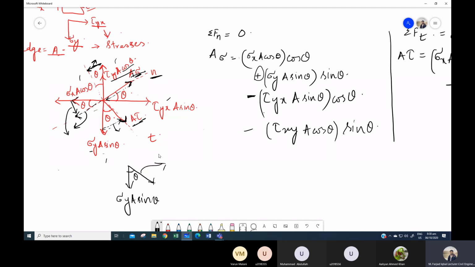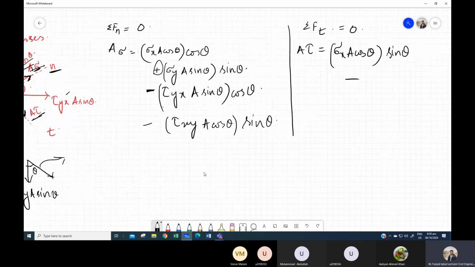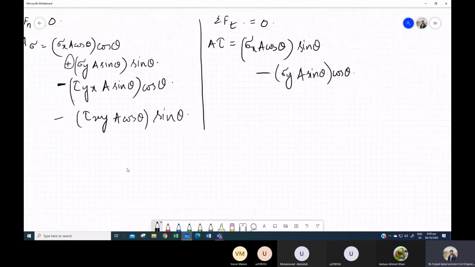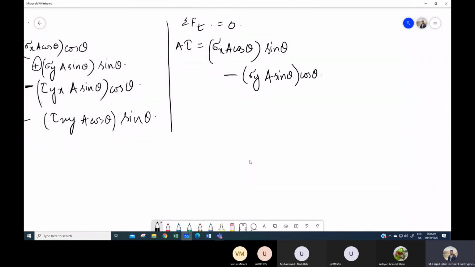So again, this component will be the cos component of this force. So I will have sigma y a sine of theta into cos theta. Now I'll be writing the equation and you can resolve these forces. If you feel any confusion, you can again ask me.